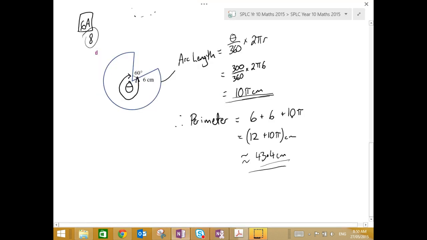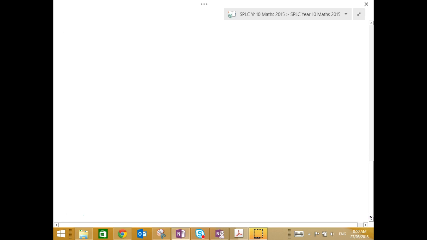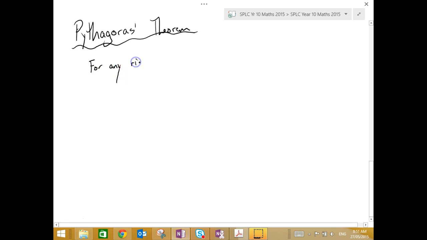So, yeah, let's go to theorem 6.2 that you've never heard of before. Pythagoras' theorem for a right angle triangle. Any right angle triangle. This is 6.2.